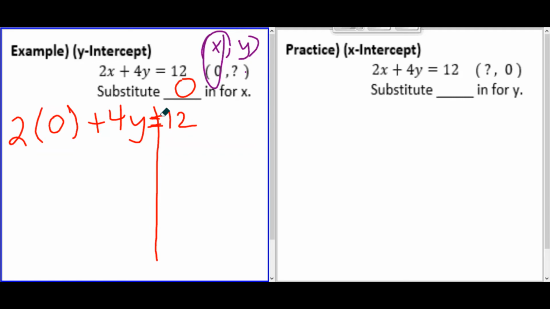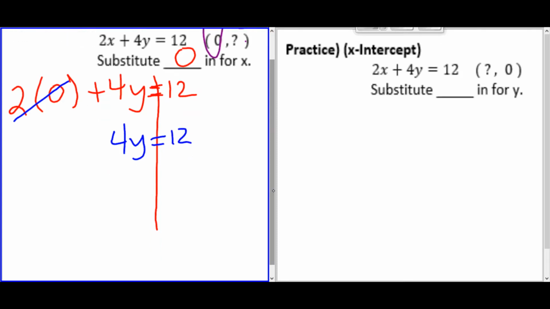Now we're just going to solve this equation. 2 times 0 is just 0, so that goes away and there's nothing left. I just get 4y equals 12. This is 4 times y equals 12. If we want to get rid of the 4, how do we undo the multiplication?